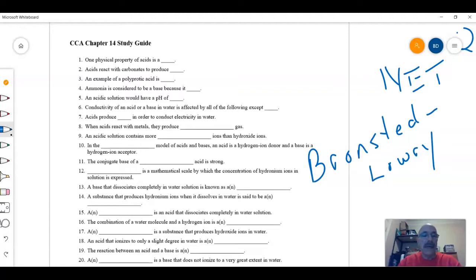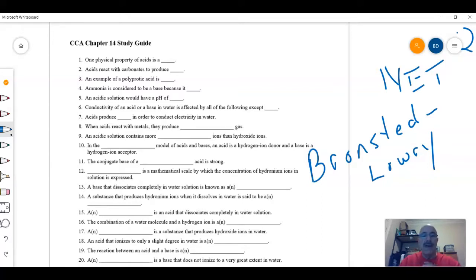Number 11, the conjugate base of a weak acid is strong. Those are always opposite. We talked about conjugate acids, conjugate bases. If one is strong, it's got the weak on the other side. If one is weak, it's got the strong on the other side.